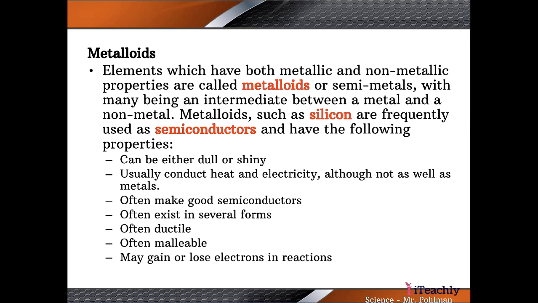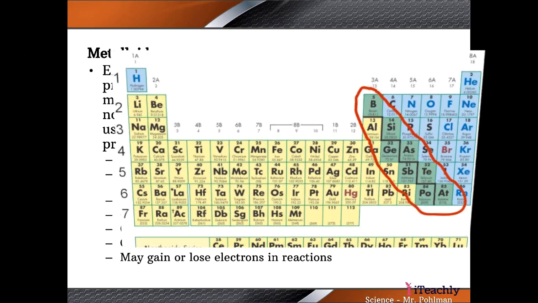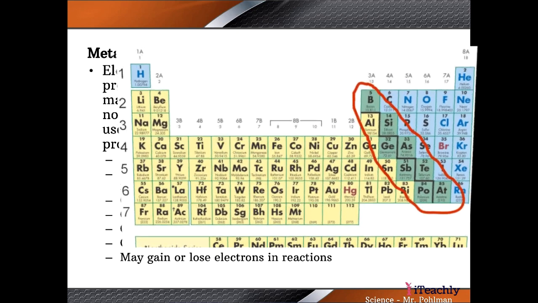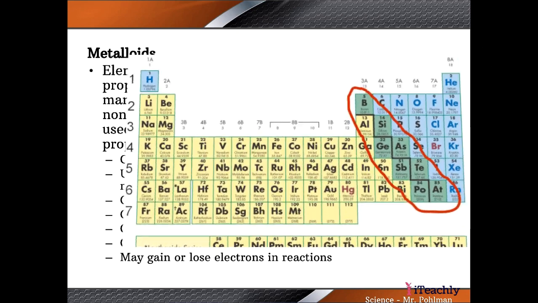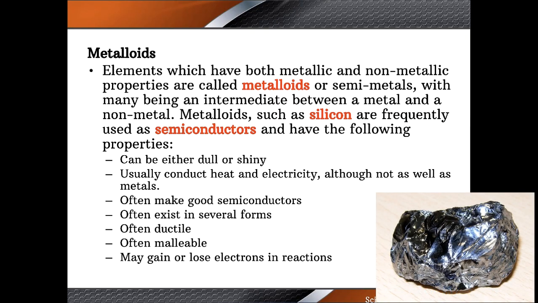So how about those elements that are right in between the metals and the nonmetals? Those are things that we call metalloids. The metalloids are found on that stair step that I showed you on the periodic table. So let's look at one of those metalloids on that stair step, silicon. What we use silicon for is in your computers. They're semiconductors.